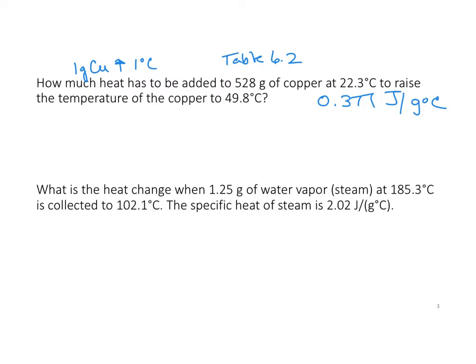What does this mean? Let's look at water. Water has a specific heat of 4.184 joules per gram degree Celsius. Now, do you think 4 is a lot bigger number than 0.3? Yes.